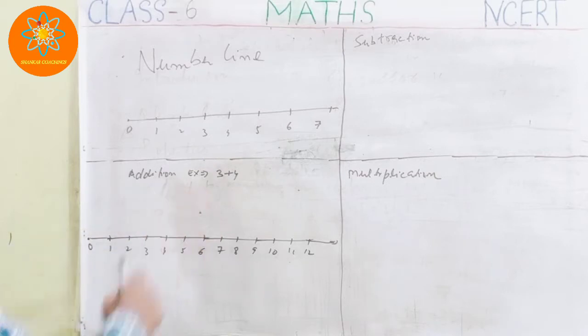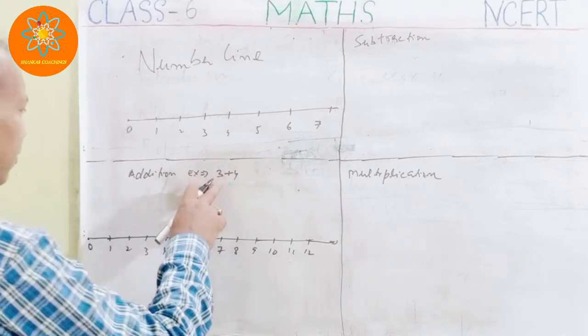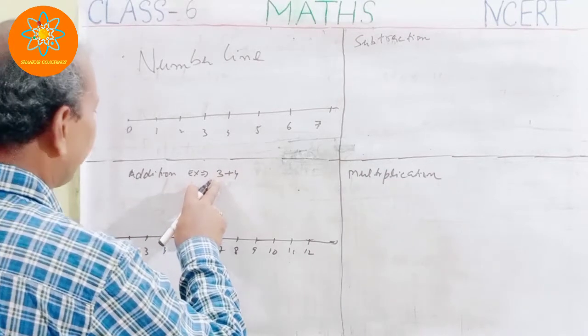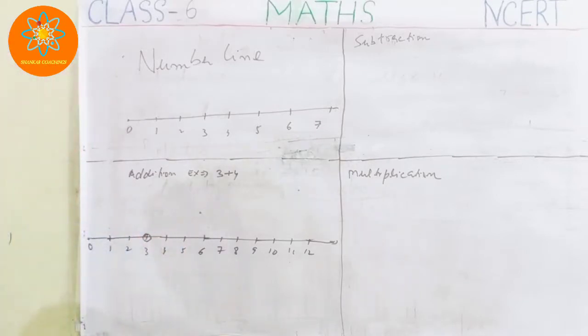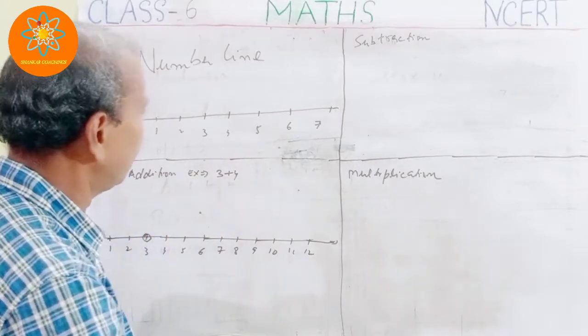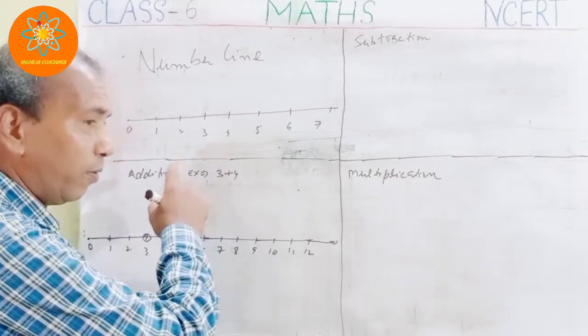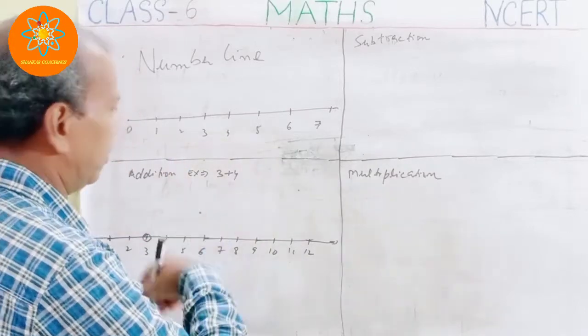I want to add 3 plus 4 with the help of the number line. So first of all, I will search where 3 is. So 3 is somewhere here. Now plus is given, positive addition is given, so we will go in the forward direction.